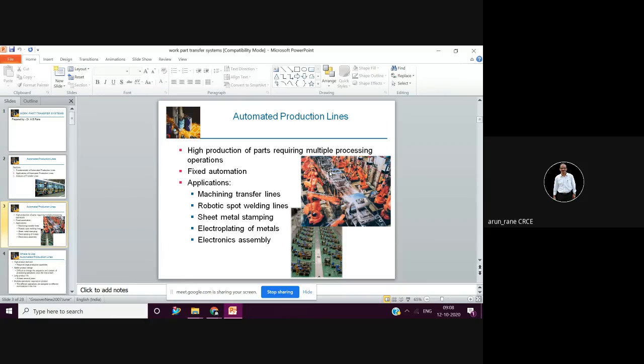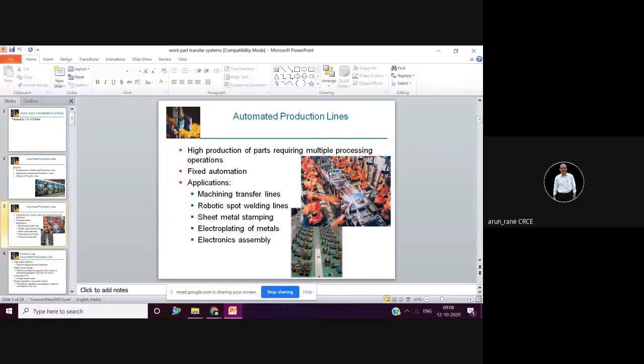It moves overhead at the height of the workers so they can work comfortably. The other is ground level, where the bodies or components move on the ground.